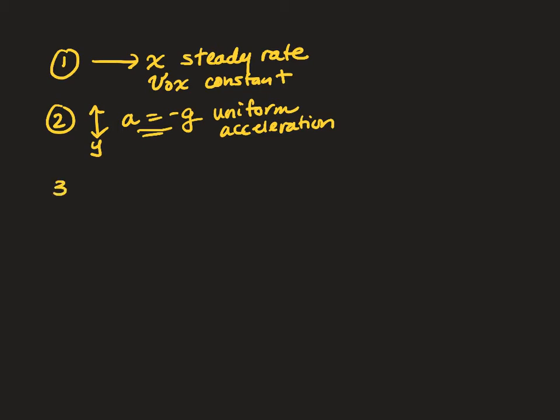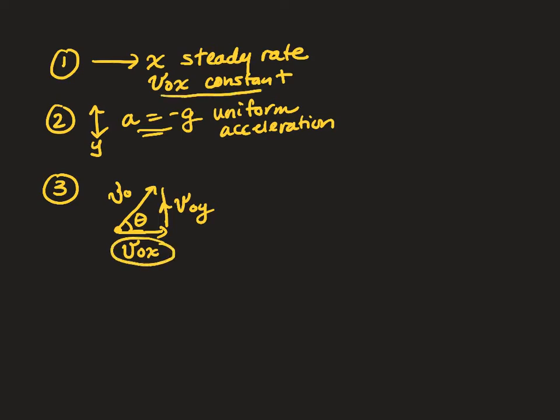The third important takeaway here is that if something's launched at a velocity, let's say v naught is the initial speed at some angle, I need to break that initial velocity up into the horizontal and the vertical components. This one will never change.